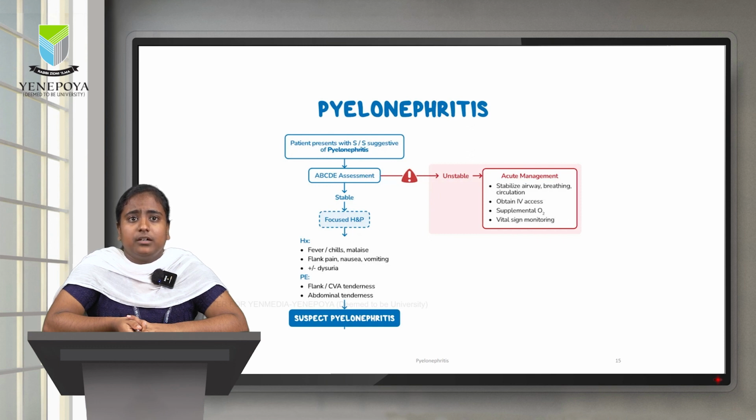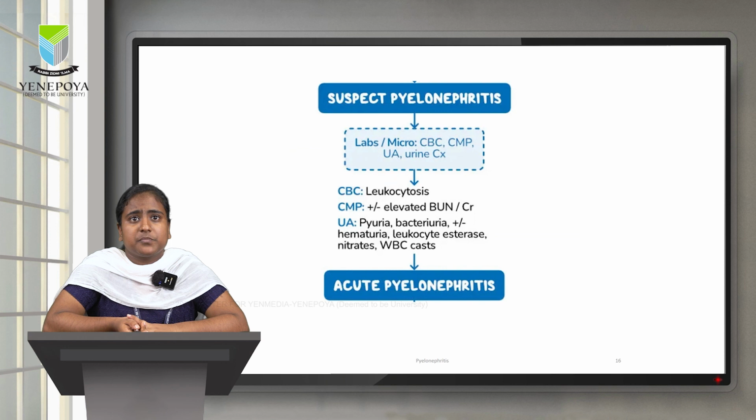In history taking, just ask about fever, chills, malaise, flank pain, nausea and vomiting, and dysuria. In physical examination, assess flank tenderness and abdominal tenderness. If you are suspecting pyelonephritis, send lab investigations like CBC, CMP, urine analysis and urine culture.